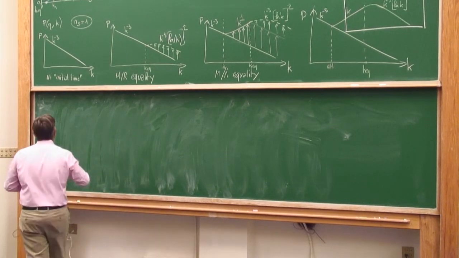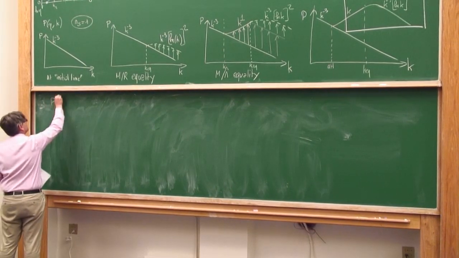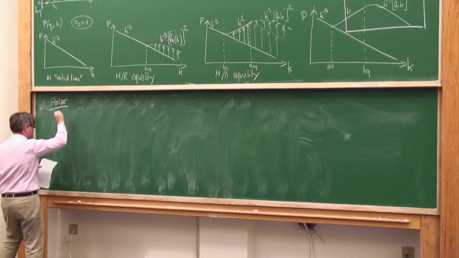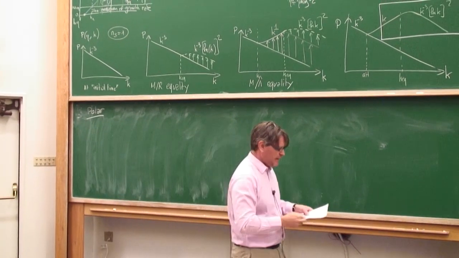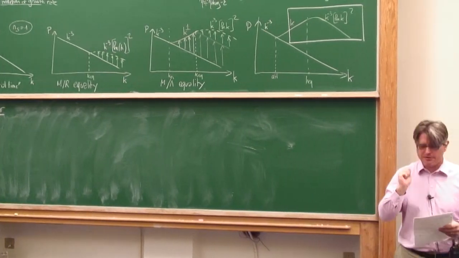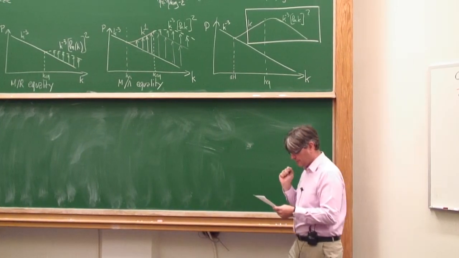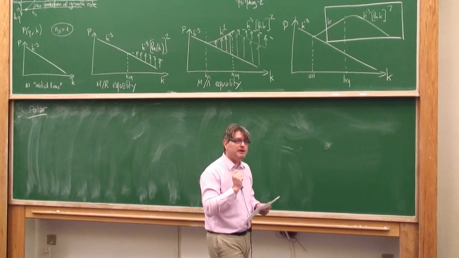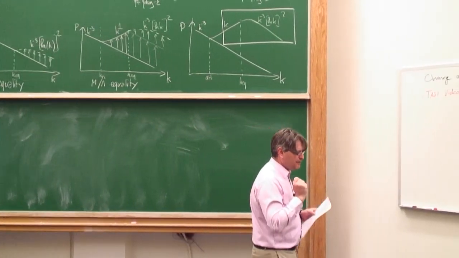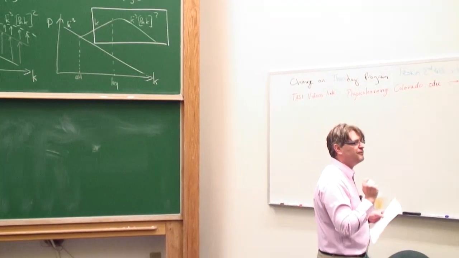Polarization. Okay, our previous approach for the CMB did not take into account polarization. It was oversimplified, if you want. We said that the photons can be fully described by their temperature. In fact, if you account for polarization, there are more degrees of freedom.